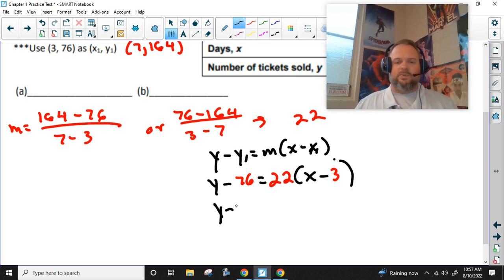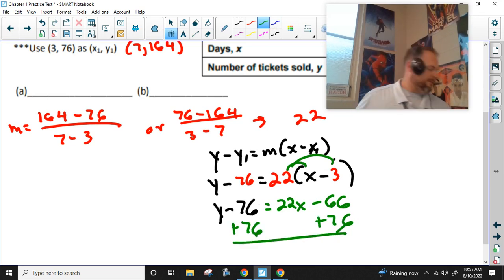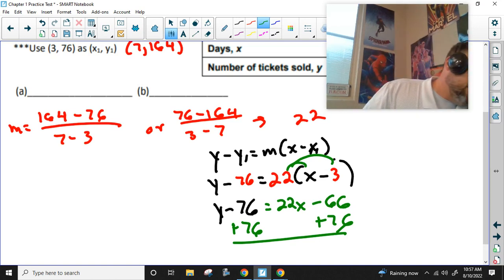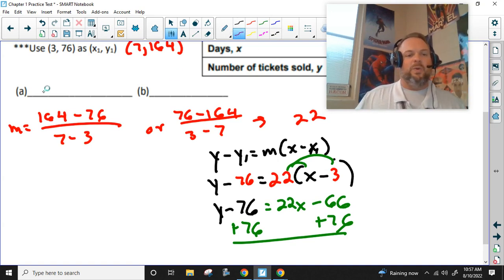We leave this alone because we're not dealing with it right now. We distribute. So 22x minus 66. We add 76 to both sides. And we should, by the time we are done, end up, I'm trying to build the suspense as my laptop's about to die. I got it. Thank you, though. We should end up with this as our equation.